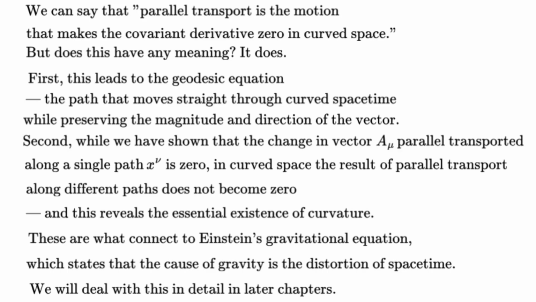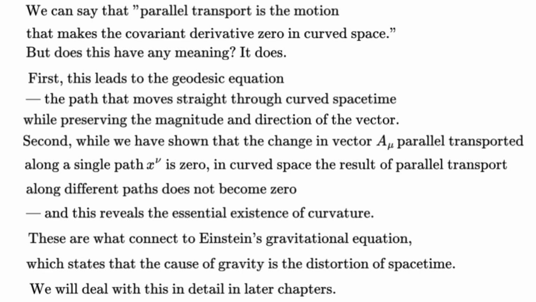First, this leads to the geodesic equation. The path that moves straight through curved spacetime while preserving the magnitude and direction of the vector. Second, while we have shown that the change in vector A mu parallel transported along a single path x nu is zero, in curved space the result of parallel transport along different paths does not become zero.